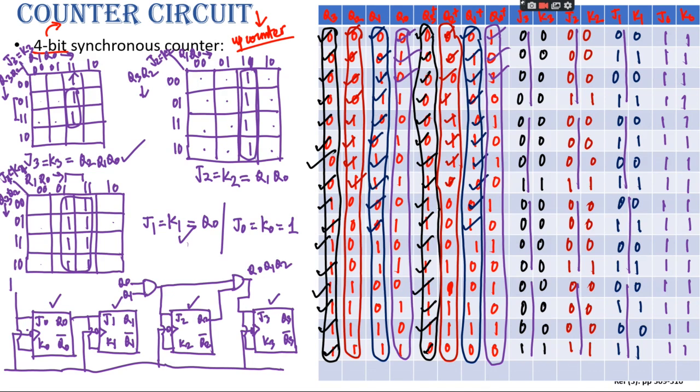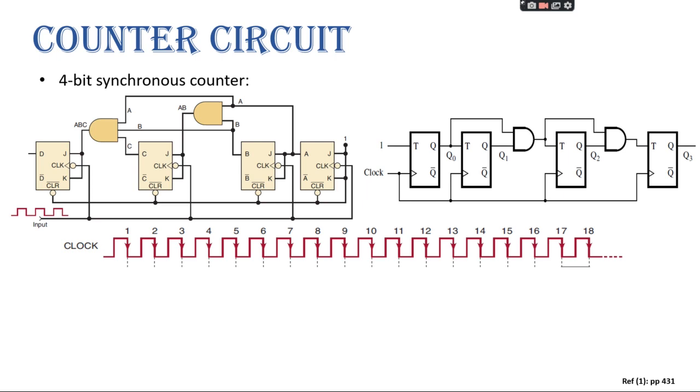Can I go to the next slide? Yes, sir. Okay. So as you can see, what we have been doing here is given here. It's an up counter because the output is taken from A, B, C and D, not from the bar of itself. So it's a 4-bit up counter.